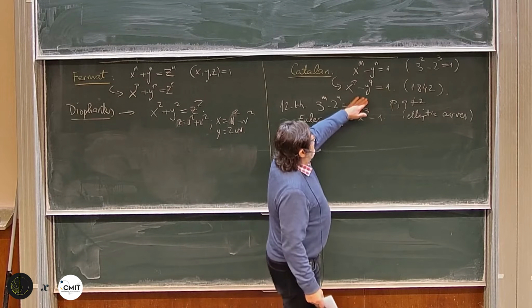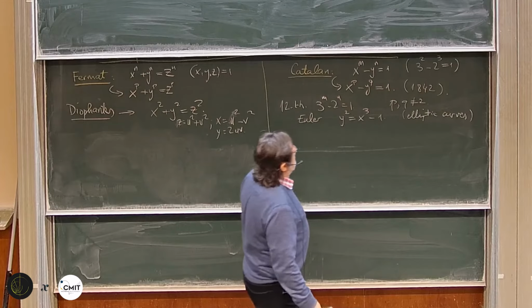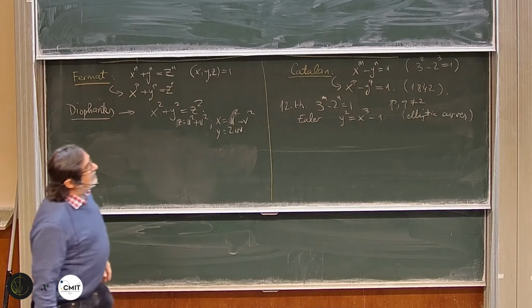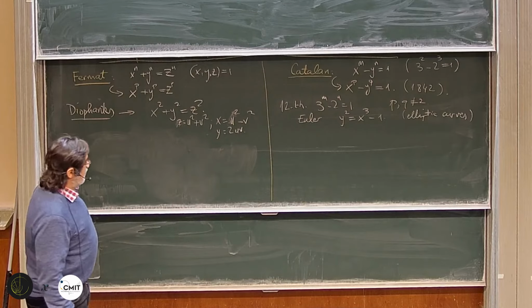Catalan stated the assumption that except for this special case, there are no other consecutive powers of integers.